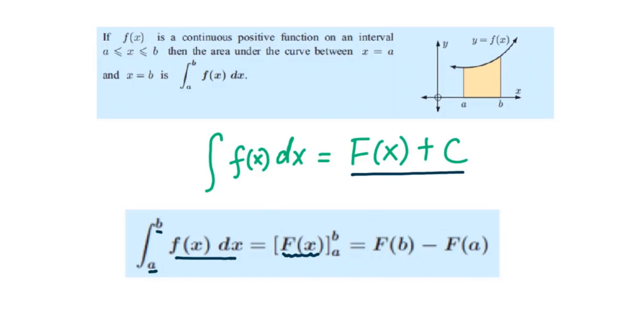Then we write down bracket from a to b. Then you substitute b for x, get capital F of b, minus capital F of a, substituting a for x. This is the formula for definite integral.